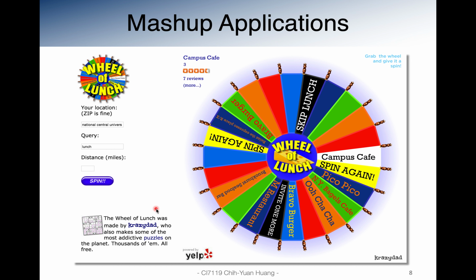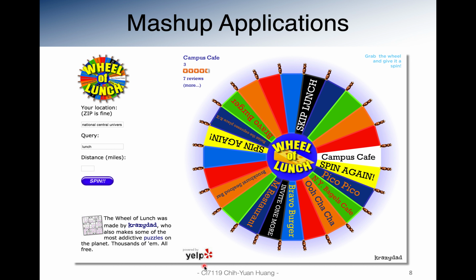The other interesting application is this one, which is the Wheel of Lunch. Basically, it's a kind of lucky wheel. What you can do on this type of application is key in your postal code or your location, and set up some search keywords and also a distance. Then the application goes to the Yelp website.